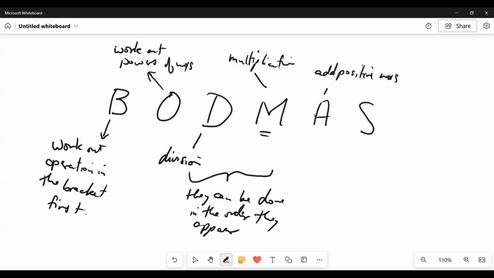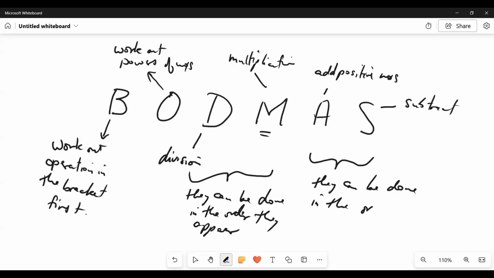I'll show you again why I'm saying this. And lastly, subtract. However, these two operations, like division and multiplication, can be done in the order in which they appear.